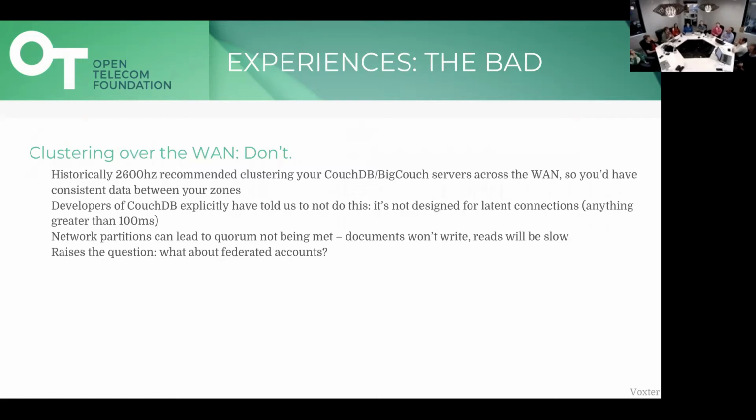So if we had a network partition between Vancouver and San Jose, anything going on in San Jose could only ever meet 2 out of the minimum of 4 for quorum. So San Jose was essentially down when that happened. So the solution is, well, let's just do continuous replications or some other solution. That's how you will handle federated accounts, is you have to find some solution to that problem.